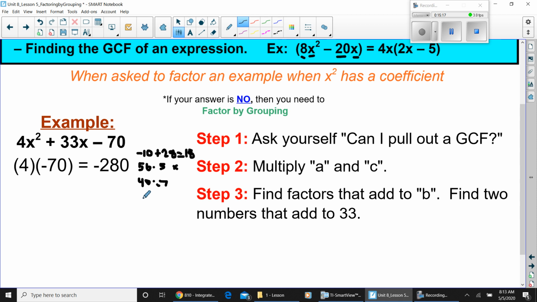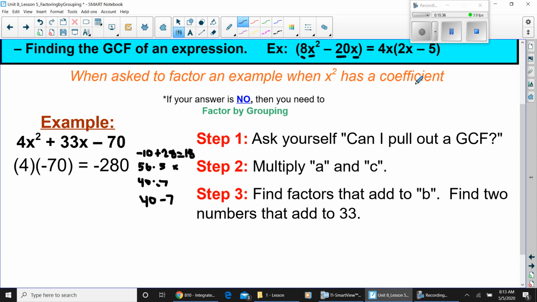So 40 and a minus 7, that equals 33. So we basically have your two factors right here.